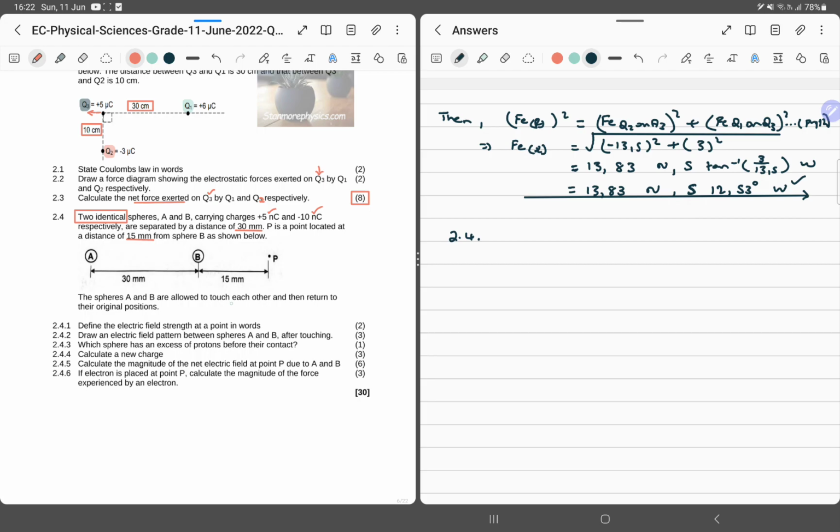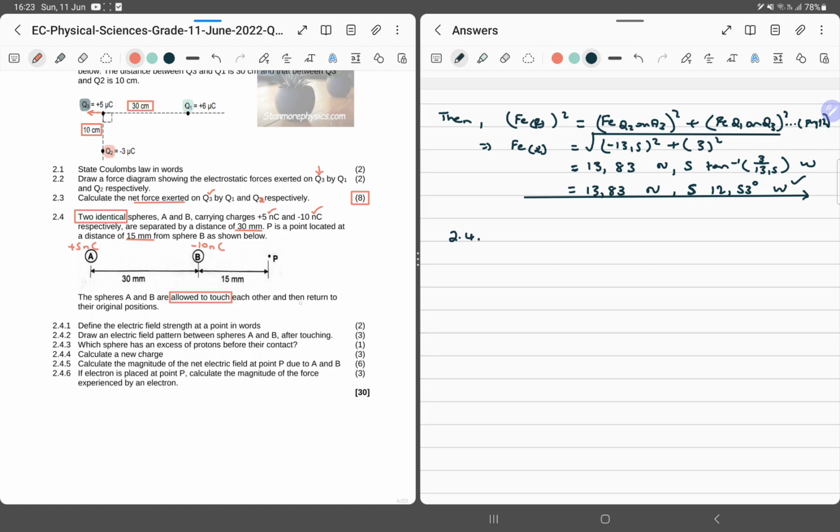So this is nice because we can see what we're dealing with. What is of note? The charge of A is plus 5 nanocoulombs, and that of B is minus 10 nanocoulombs. Now, the spheres A and B are allowed to touch, because they obviously are attracting each other.